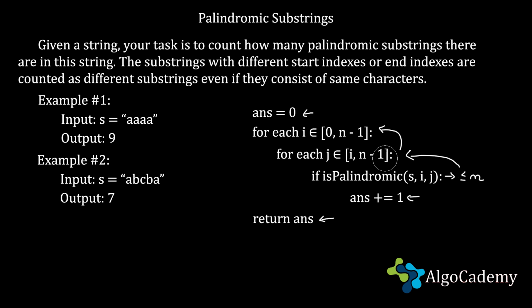Then this j that starts from i and goes all the way to n minus 1 will take less than or equal to n values. And of course, i will definitely take n values. This we know for sure, right? So we can multiply these three together and we can conclude that our brute force approach has a time complexity of big O of n cubed, and extra memory, well, doesn't look like it. Constant extra memory.